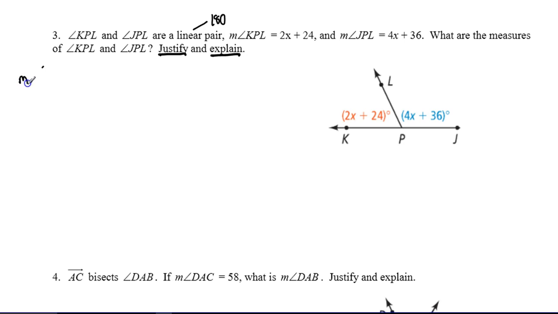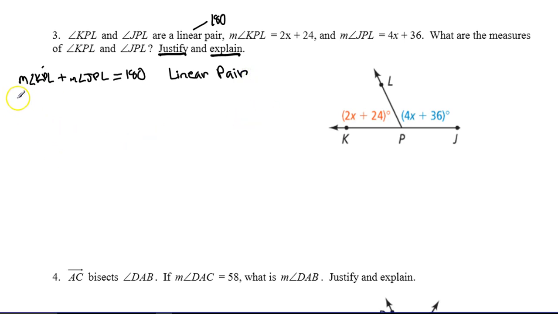Okay, so here's what I want to start off with. I want to start off with the measure of angle KPL plus the measure of angle JPL. Give yourself some room. We're going to have to write a bunch of stuff. Equals 180. And the reason for that is they are a linear pair. Okay?